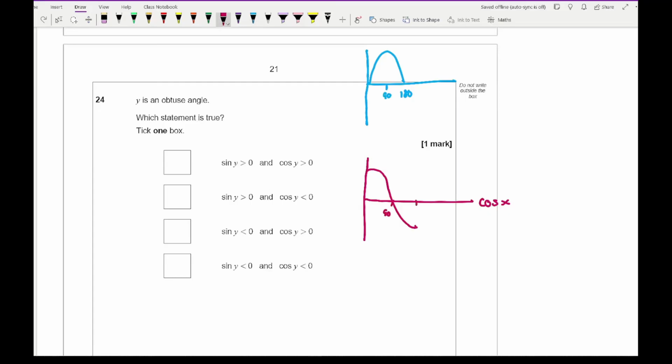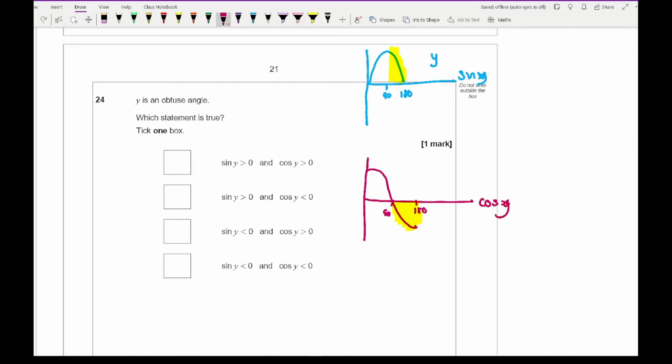Now, because y is an obtuse angle, it means that we're looking for between 90 and 180. So as you can see here, in the sine graph, that y, actually that should be y, not x. Change that.